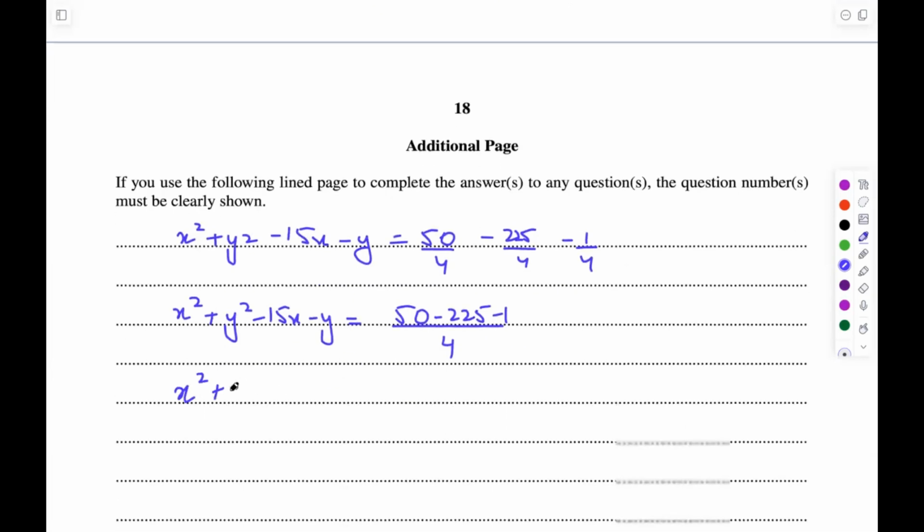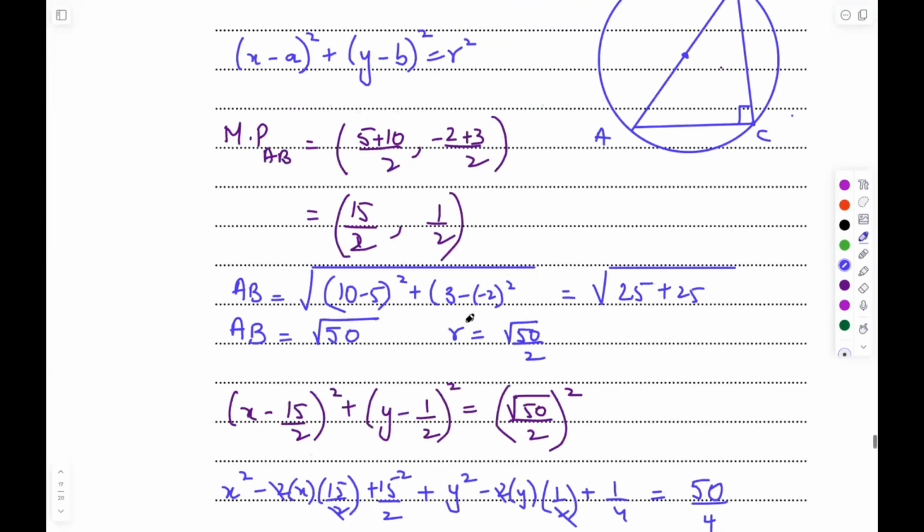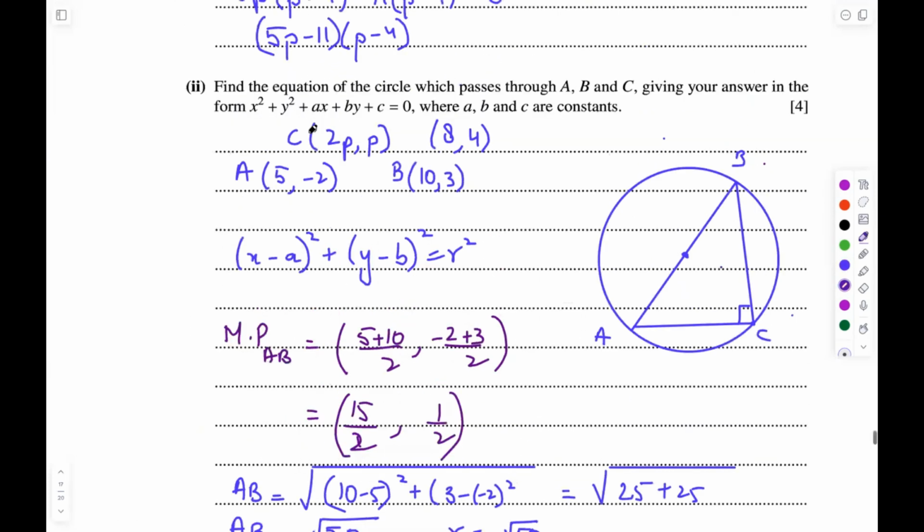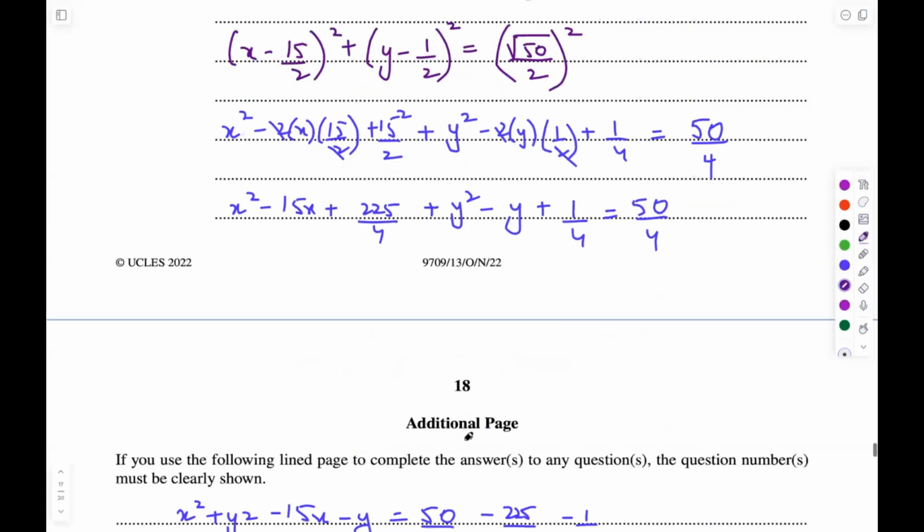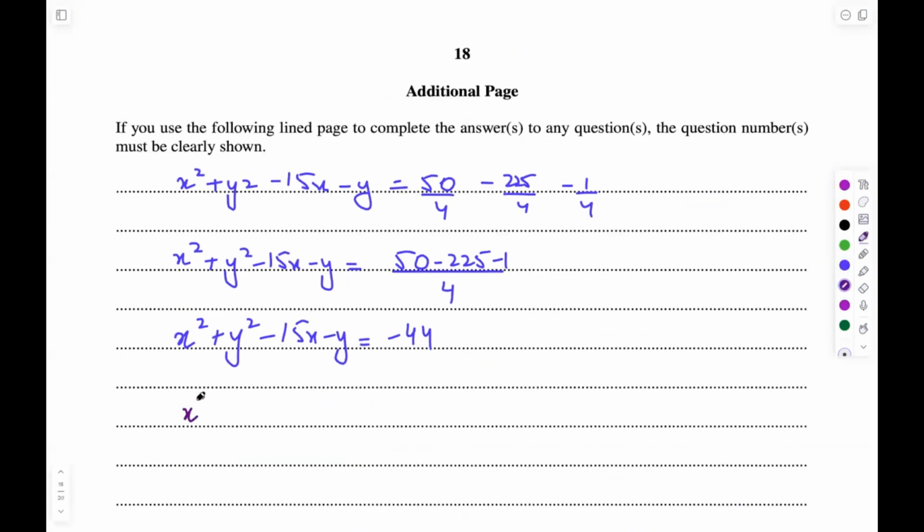This will be written as x squared plus y squared minus 15x minus y equals negative 44. Now, as we had to give our answer in the form x squared plus y squared plus ax plus by plus c equals 0, we'll bring the negative 44 to the left hand side and write the final answer as x squared plus y squared minus 15x minus y plus 44 equals 0.